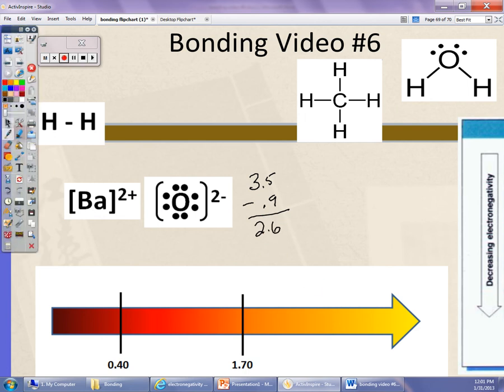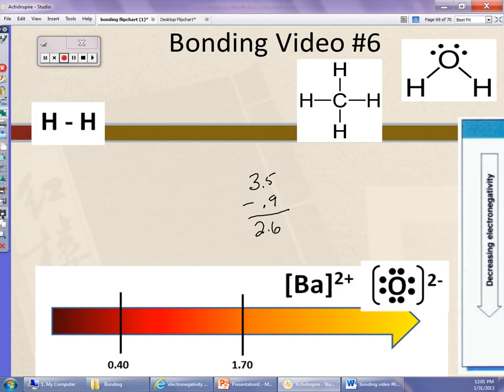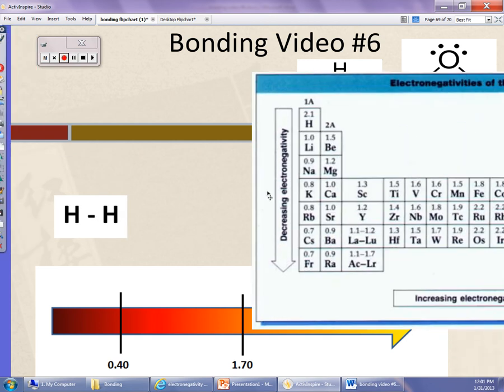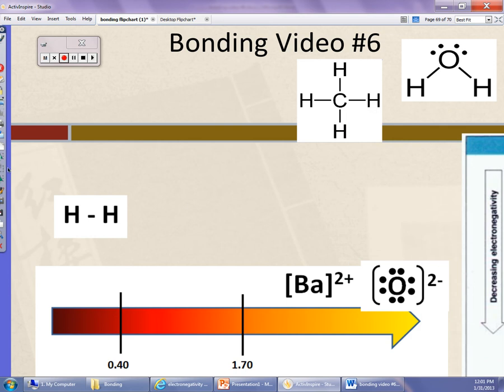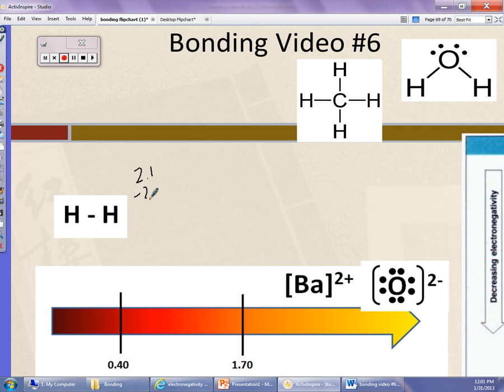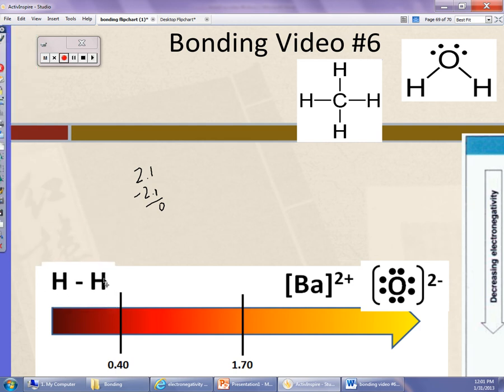This means that barium oxide is going to be ionic. Let's try another one. Hydrogen bonded with hydrogen. Hydrogen is 2.1. 2.1 minus 2.1 is 0. This is going to be a nonpolar covalent bond. So it's down here. Nonpolar covalent.